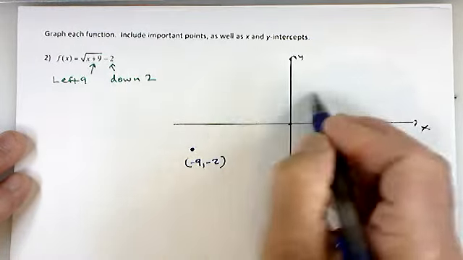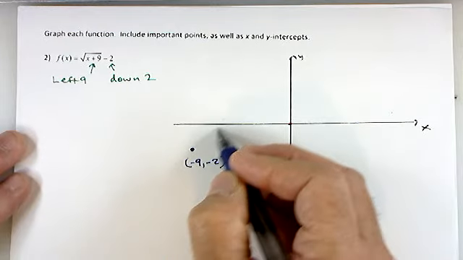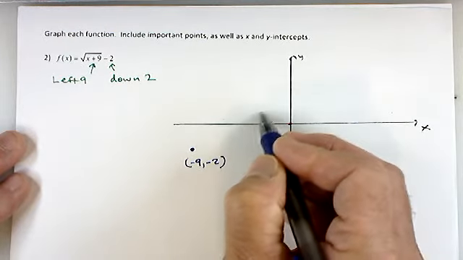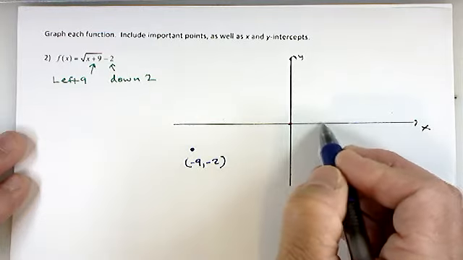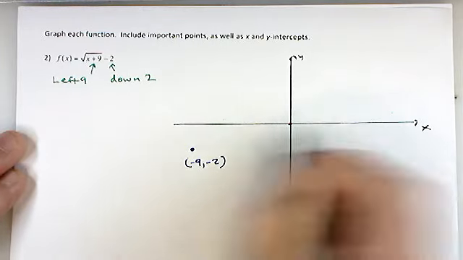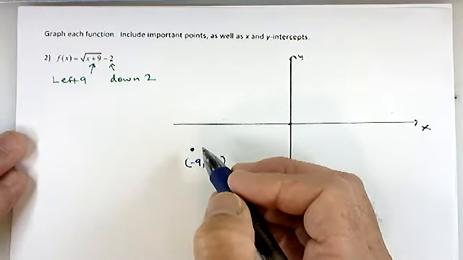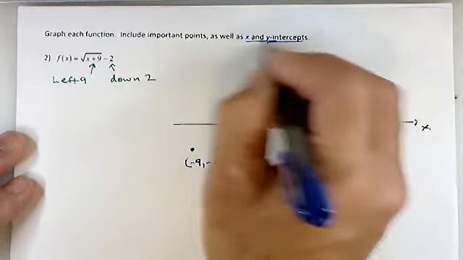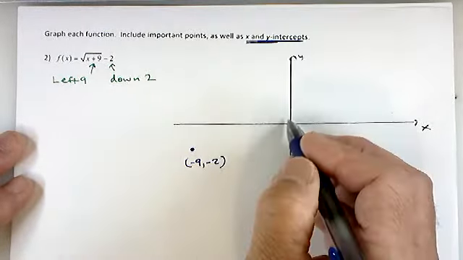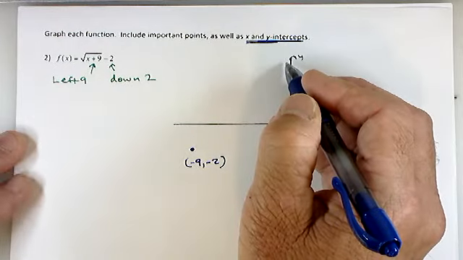Before I sketch it though, what I maybe want to check out is, is it going to intersect the x-axis here and the y-axis here, or is it going to curve and maybe intersect the x-axis at a positive value? So I might want to find some more points. In fact, this is a good time to introduce, oh good, I have it in the directions. The easy way to figure that out is let's find our x and y intercepts.